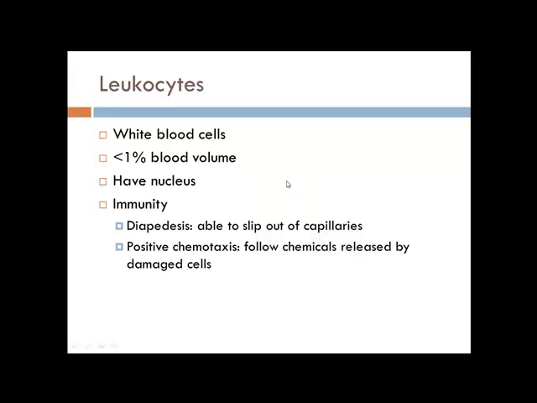So let's check this out. Let's say this is my blood vessel. If I have a white blood cell here, if it's going to undergo diapedesis, it'll work its way off to the side here. This is called margination. And then it'll wiggle through the blood vessel and leave into the extracellular space.